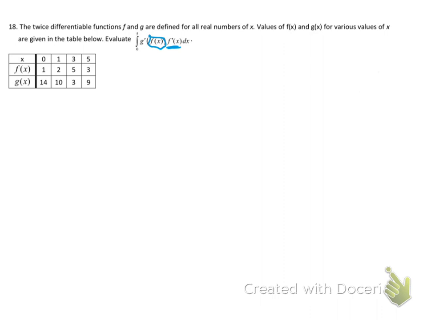In this case, we are going to do u is equal to f of x. And then du is equal to the derivative of f of x, written as f prime of x times dx. So I end up getting du over f prime of x is equal to dx.